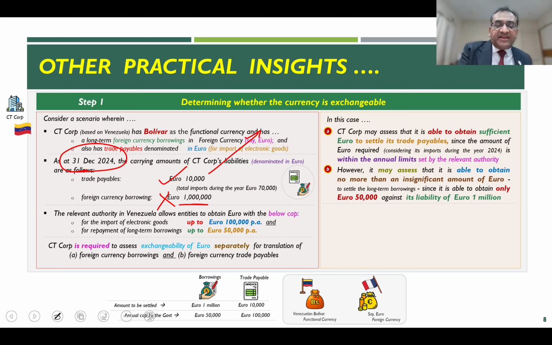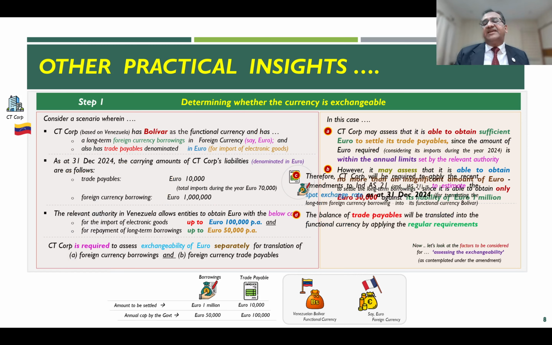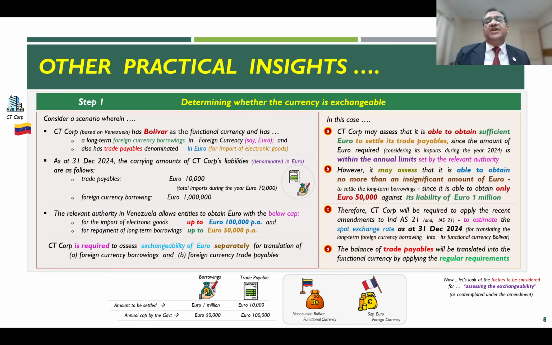However, considering that the second purpose is something which they cannot achieve, there is lack of exchangeability, and therefore the amended requirements under the standard are what Citicorp needs to apply for the second purpose.